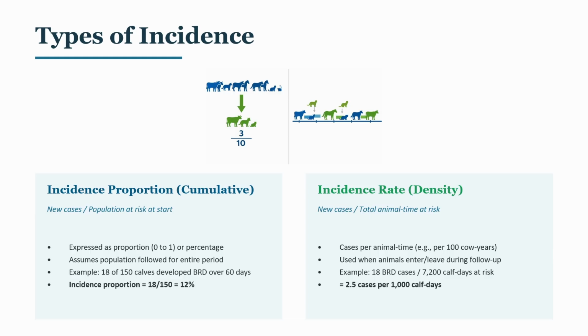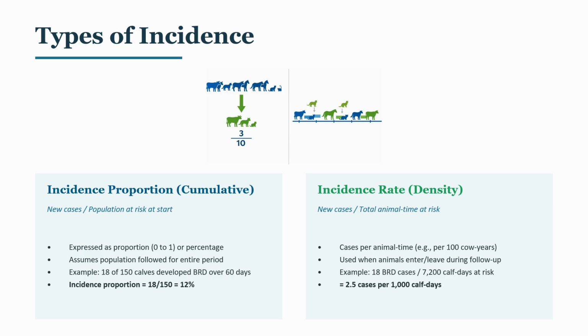In our calf example, if the 150 calves contributed 7,200 total calf days at risk, the incidence rate is 18 divided by 7,200, which is 0.0025 cases per calf day, more usefully expressed as 2.5 cases per 1,000 calf days.